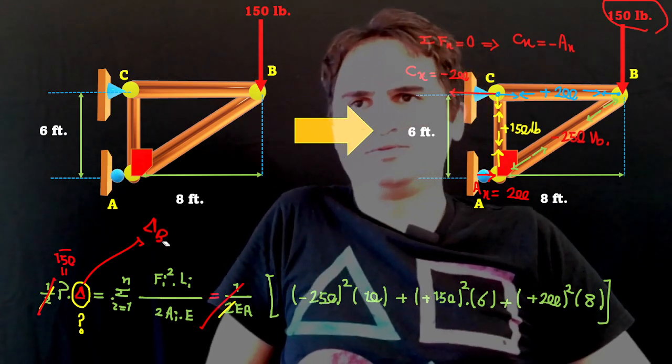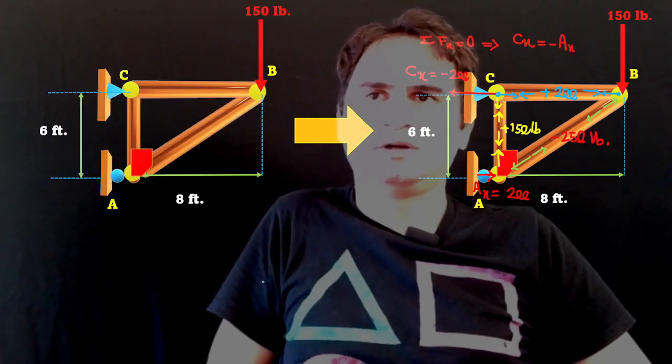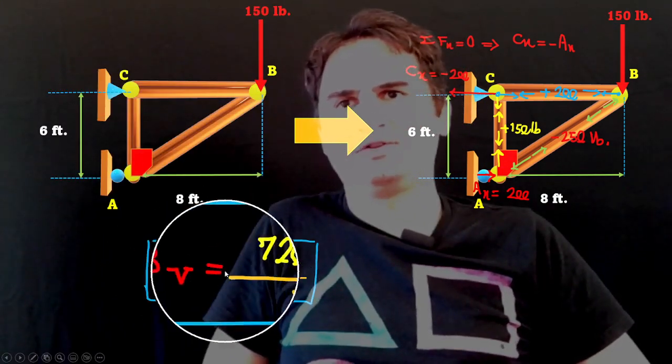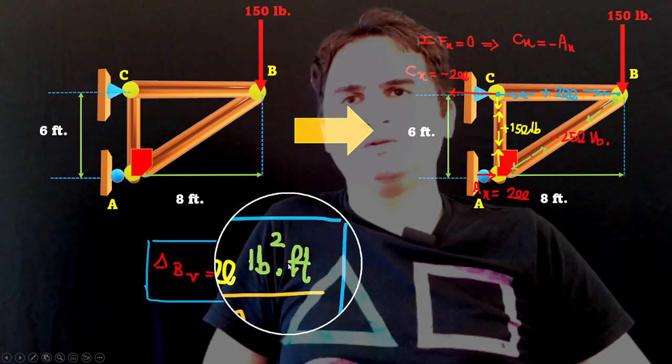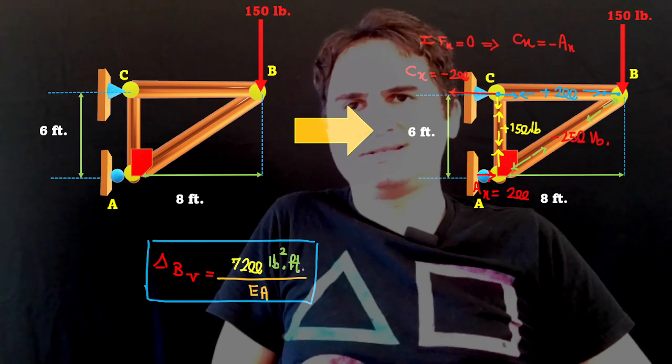As soon as you replace it in the equation, delta vertical at B ends up being 7,200 pound squared times feet over EA. This is not the unit.